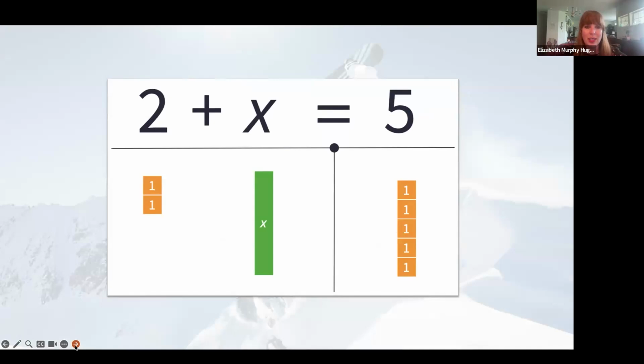So as we're getting started, this is a good one to start with. If you're using the virtual manipulatives, they are very similar to the concrete manipulatives. Color may change, depending on what brand you use. If you don't want to buy these, you can get felt and cut out felt or cardstock or any of that kind of stuff to make your own.